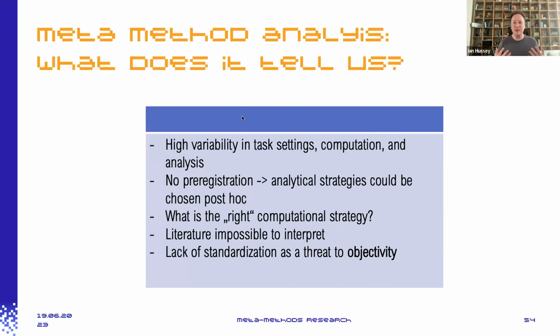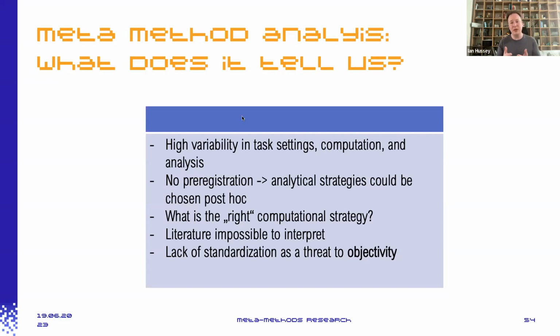So what do these meta-method analyses tell us? Clearly, across tasks, we have high variability in the task's settings, the procedural details, and their computation. Without pre-registration of these details, these analytic strategies can be simply chosen post hoc, and there's good reason to think that they are in many cases. There is mass ambiguity about which is the right or correct or valid computational strategy, because especially with behavioral tasks, it's extremely rare for this to be presented alongside evidence of construct validity or superiority of one metric over another.